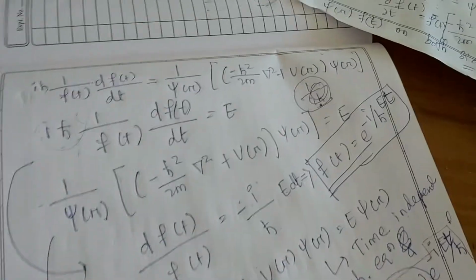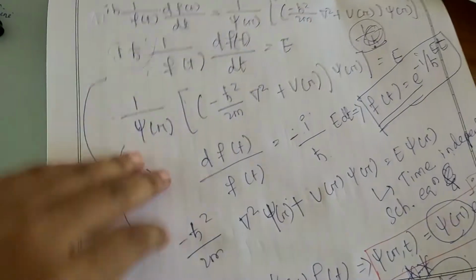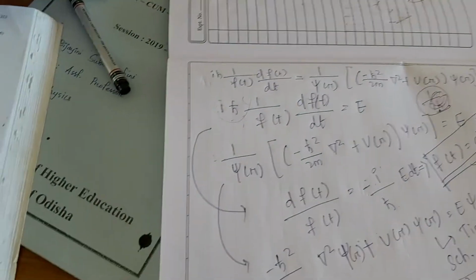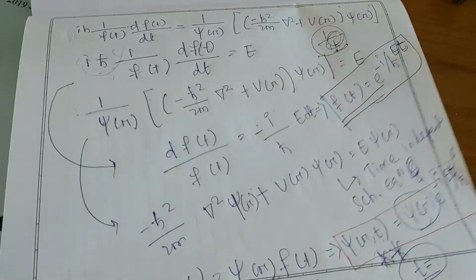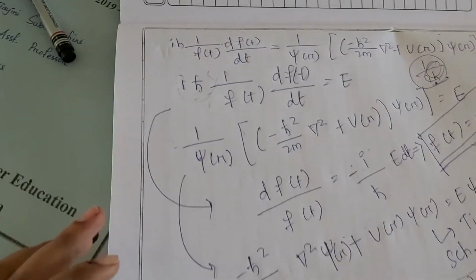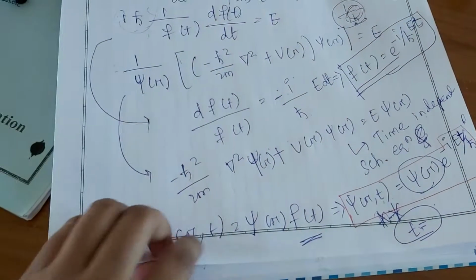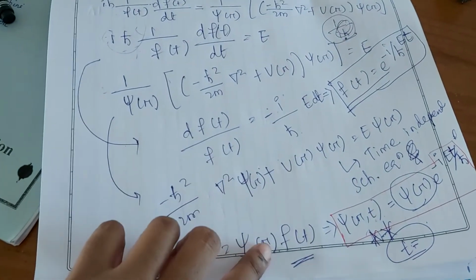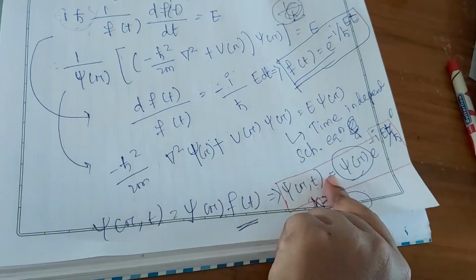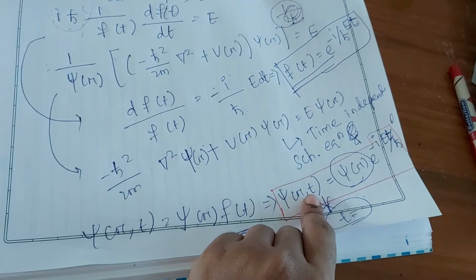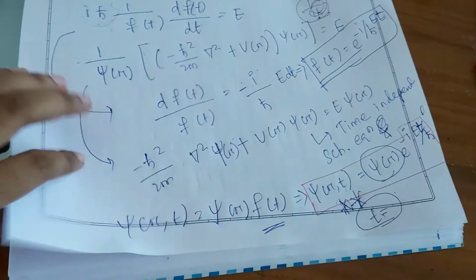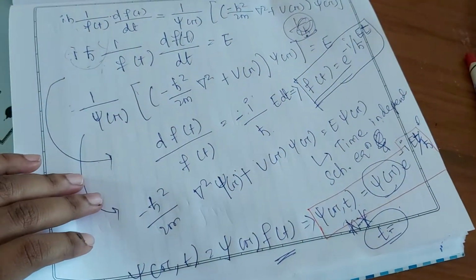If I know any wave function, that may be in a 1D box, for the harmonic oscillator, a potential well, or a potential barrier, and I intend to find the wave function at a later time t, I can use this equation and find out the wave function.